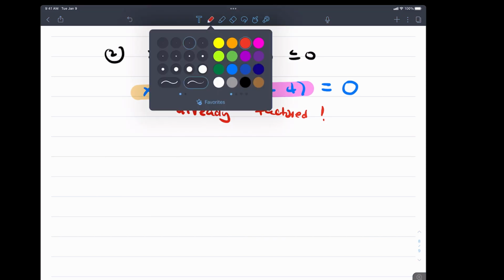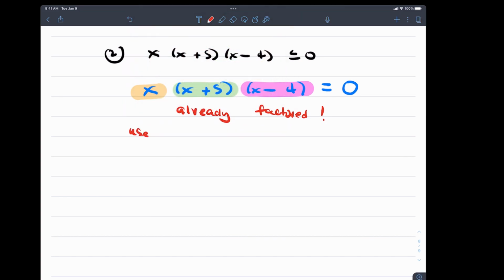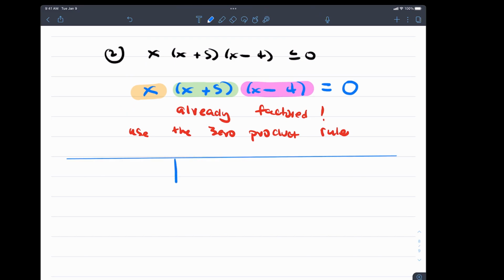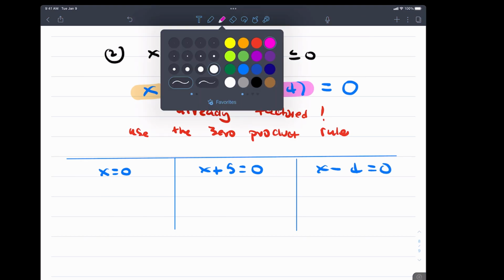Okay, so at this point, we simply use the zero product rule because this is a product now of 3 terms. If you ever have 3 terms multiplied together and it equals 0, that means either the first term is 0 or the second term is 0 or the last term is 0. So here's my first term is 0.